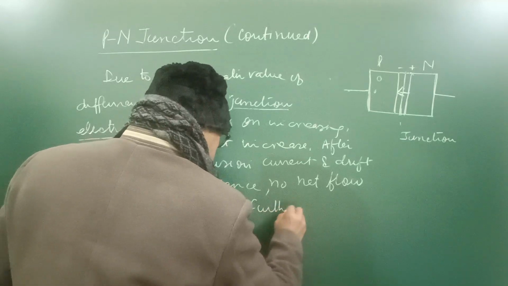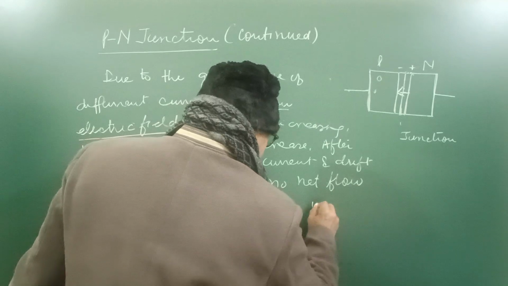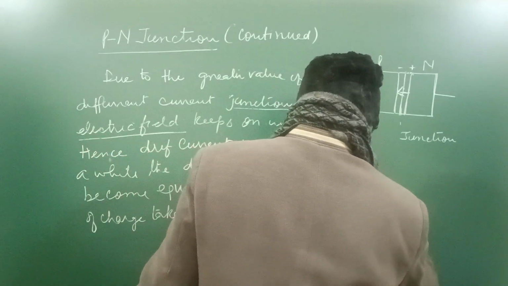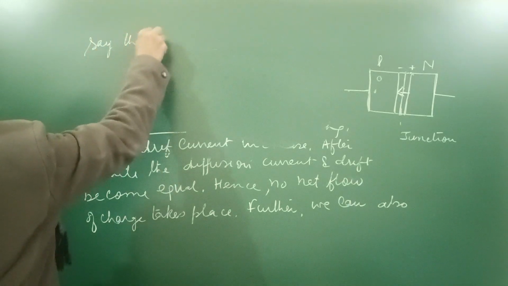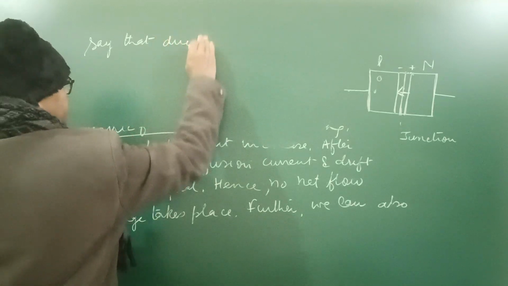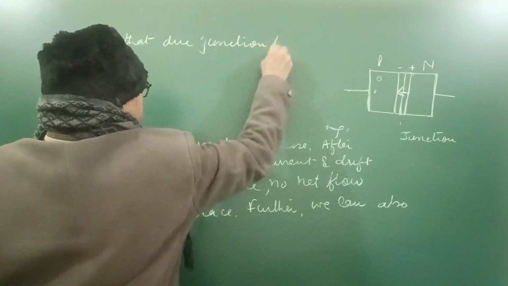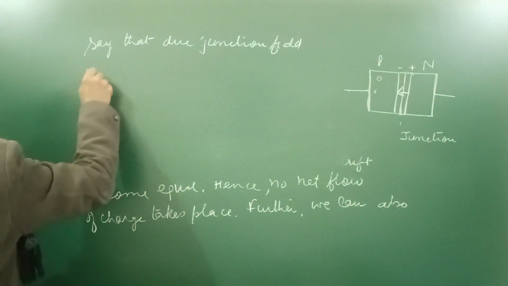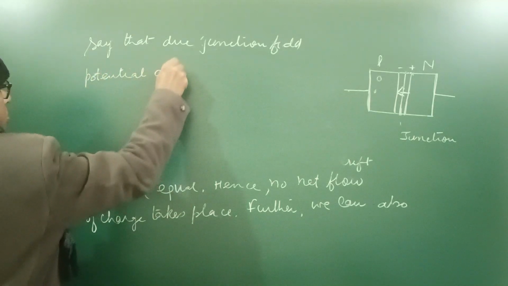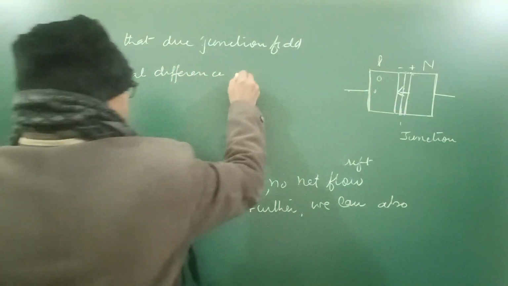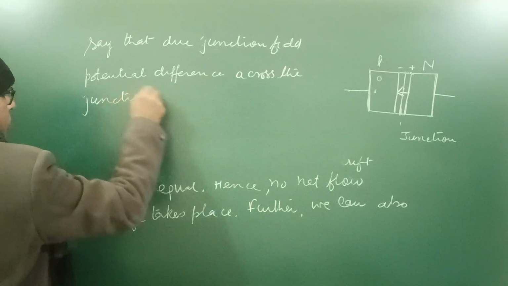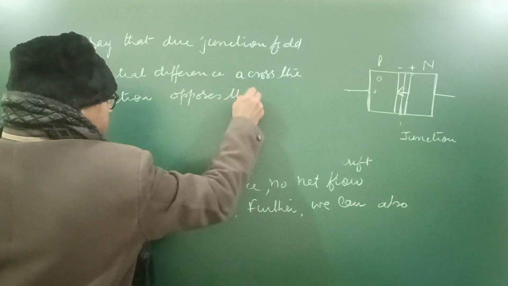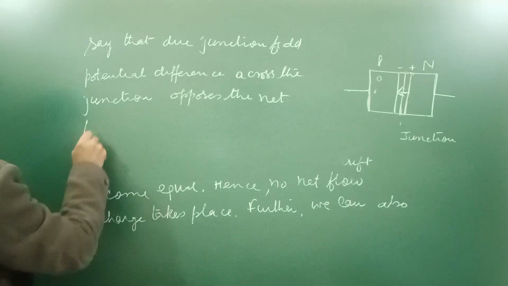Further, we can also say that due to the junction field, the potential difference across the junction opposes the net flow of charge.